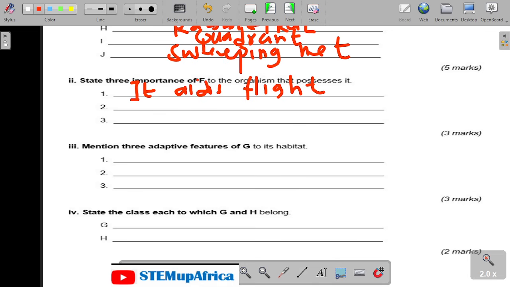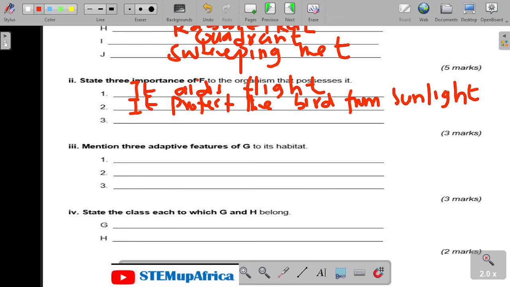Then 2, it protects the bird from sunlight. Number 3, it aids in temperature regulation.